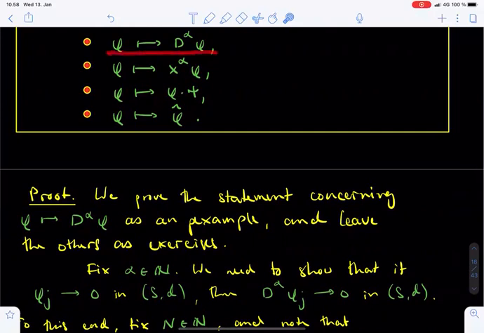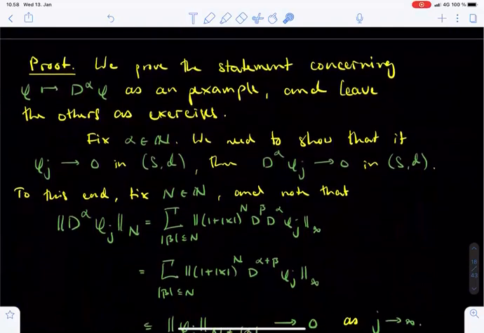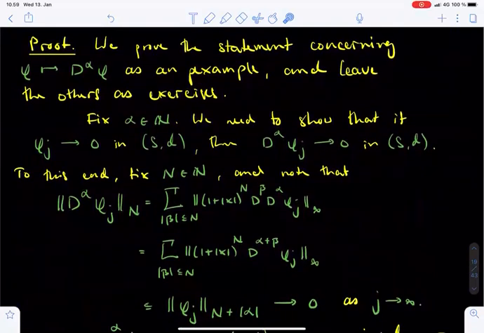As a model case, we just prove the first statement, which claimed that the map phi maps to ∂^alpha of phi is continuous on the space S for any multi-index alpha. To see this, fix a multi-index alpha. What needs to be done is to show that if phi_j is a sequence of Schwarz functions which converge to zero in the metric d, then also the alpha derivatives of phi_j converge to zero in the metric d.